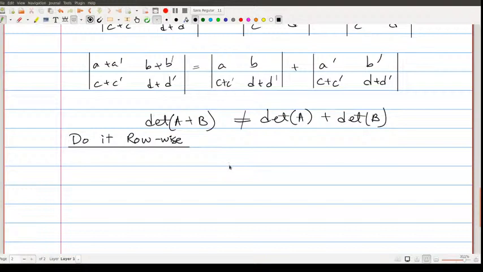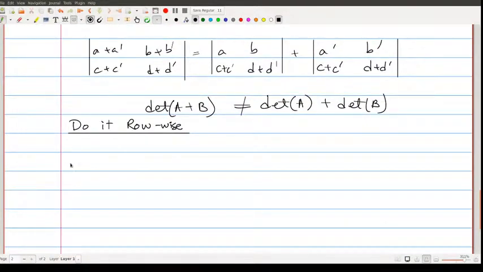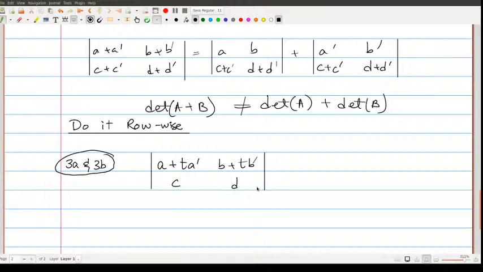Okay, so this preserves the linearity in rows. So if I combine the scalar multiplication and the addition together, that tells me the following. If I have the determinant of A plus tA prime, B plus tB prime, and then C, D, I've done 2 things together now: a scalar multiplication and then an addition.